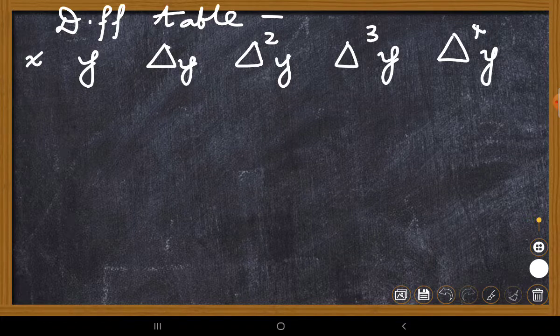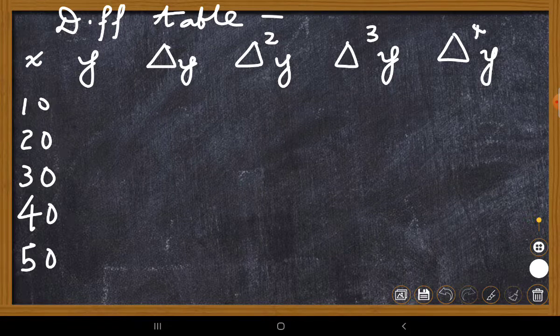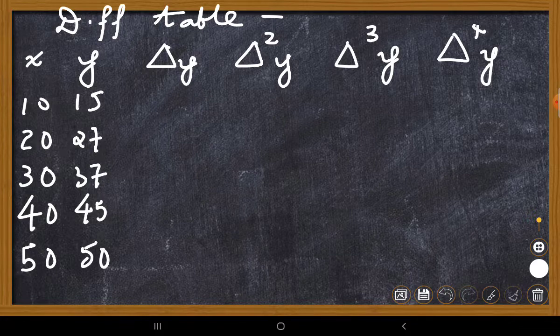So you write down the values of x: 10, 20, 30, 40, 50. And your values of y are 15, 27, 37, 45, and 50. You construct it in the same way like how you used to construct the difference table.